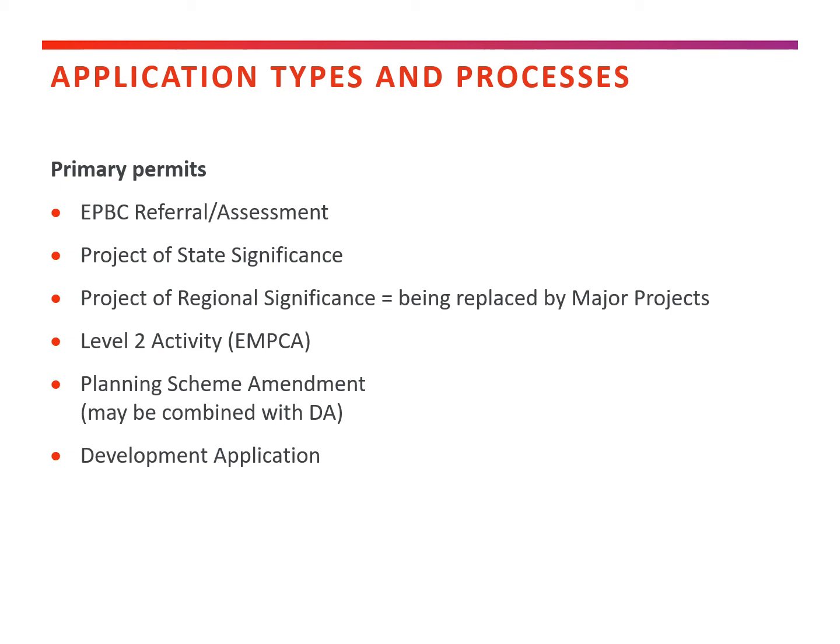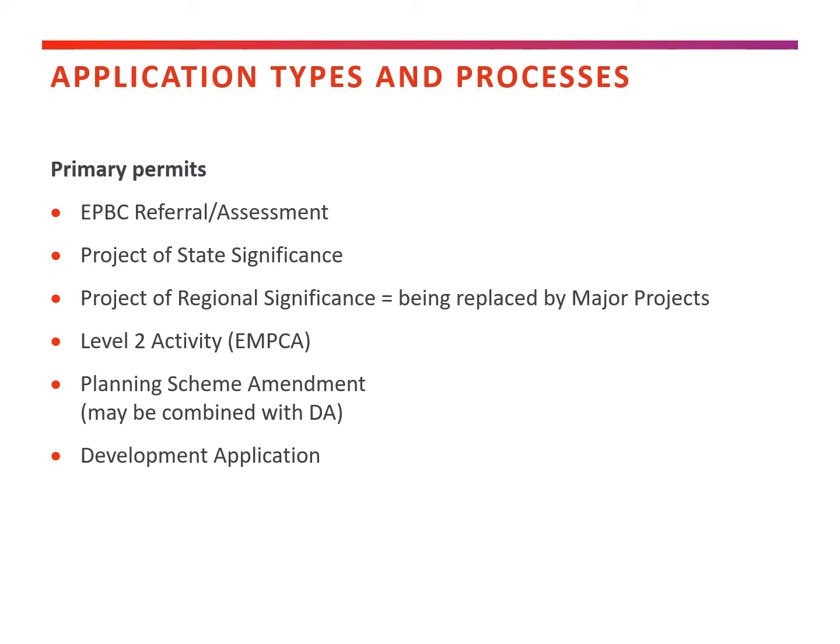So it's not covered in this unit, but it would be remiss of me not to point out that level 2 activities and that particular act and the EPA, the Environmental Protection Authority, are a really important part of the planning process. I'll talk about it a little bit later, but just to flag it here in talking about primary permits.